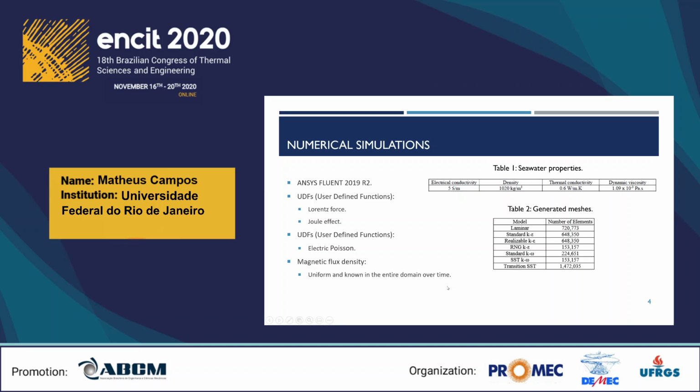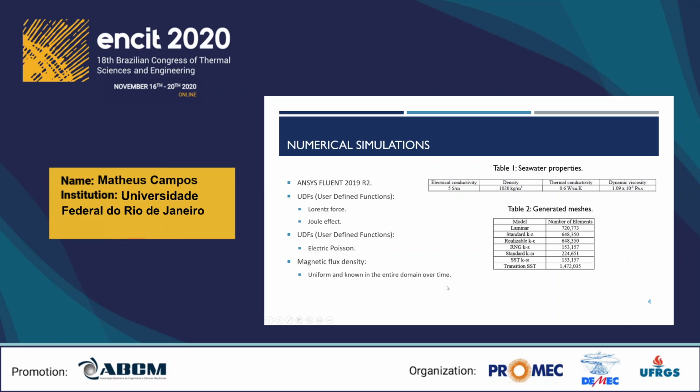There is an additional tool called user-defined functions that allows the user to introduce additional transport equations and use it to solve the electric Poisson equation. Inside the UDFs, you can also solve Ohm's law to calculate the current density.